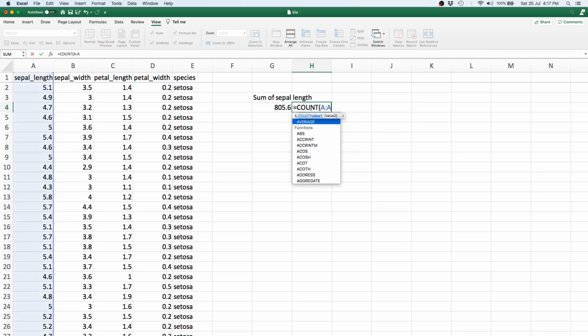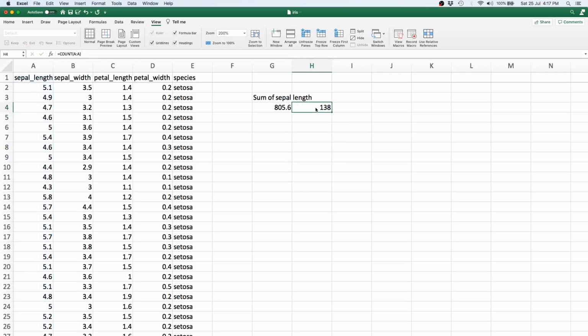Here again, I give it an A colon A because it saves me the trouble of typing the exact coordinates of where the columns are. So that's it. I know that I have 138 rows in my column.